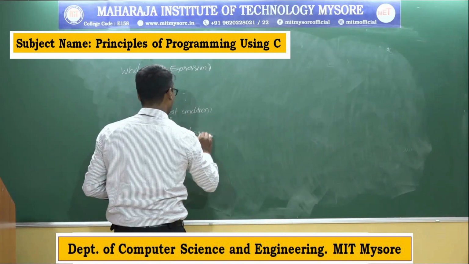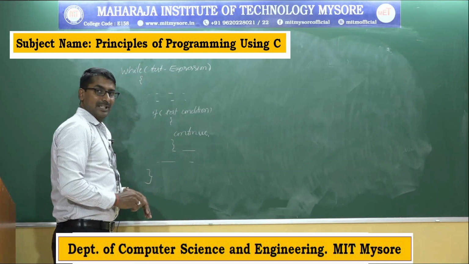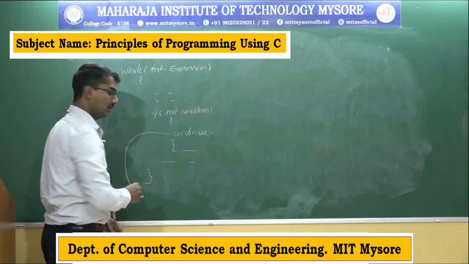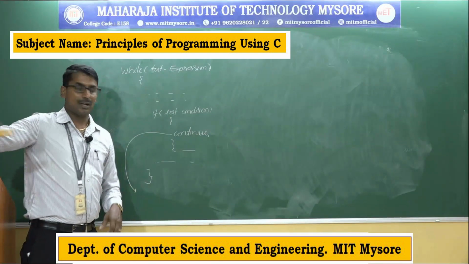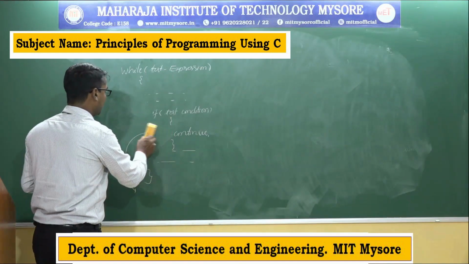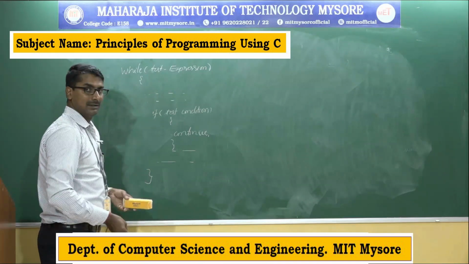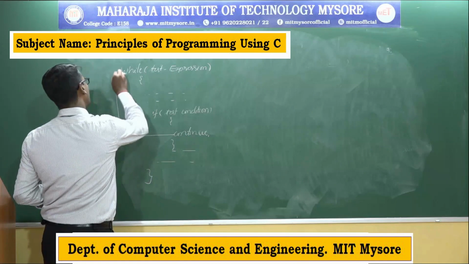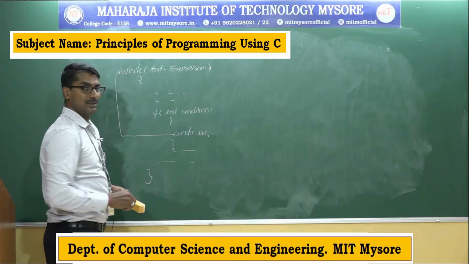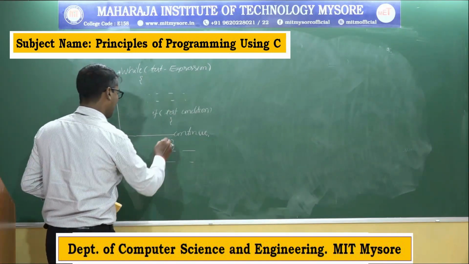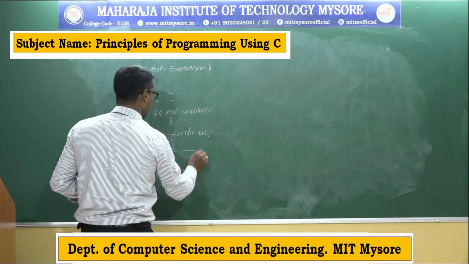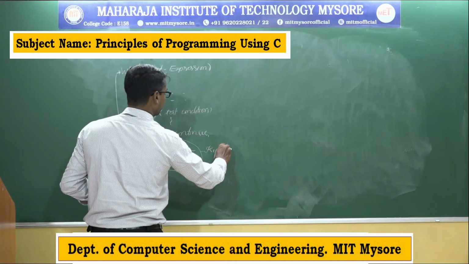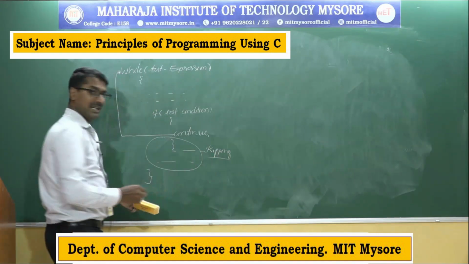It executes the continue statement. So in the break statement, the control is transferred out of the loop, but in the continue statement, the control is transferred back to the while statement by skipping the remaining statements, by skipping this statement.